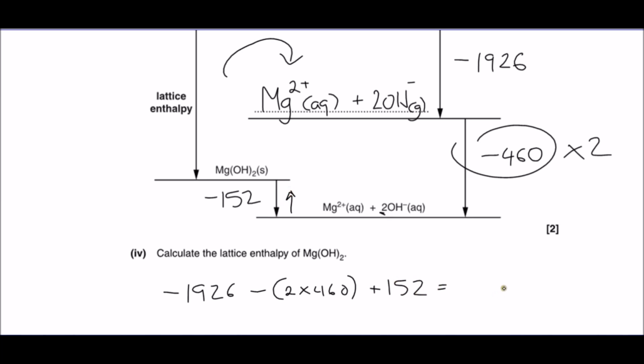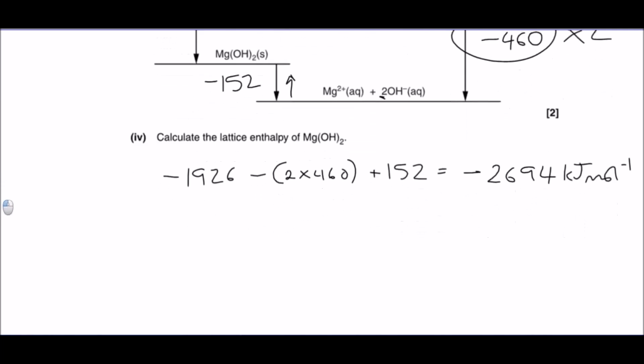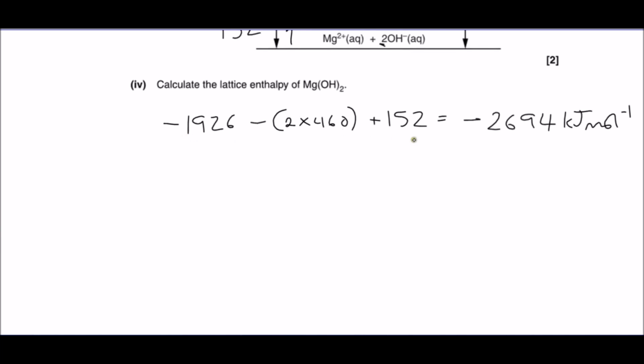And when we do that calculation, we should end up with an answer of minus 2694 kilojoules per mole. It's 2 marks for this question, 1 for a correct process and 1 for your correct answer. So if you had forgotten to times this by 2, then you would get 1 mark.